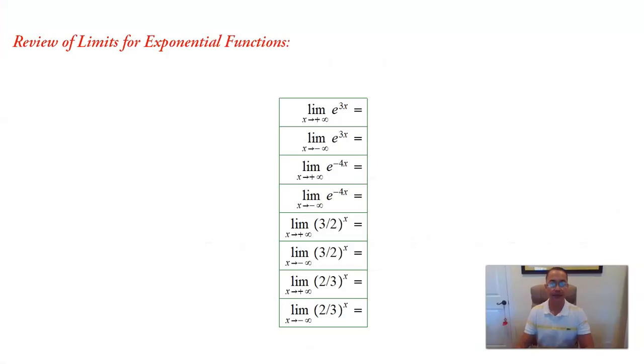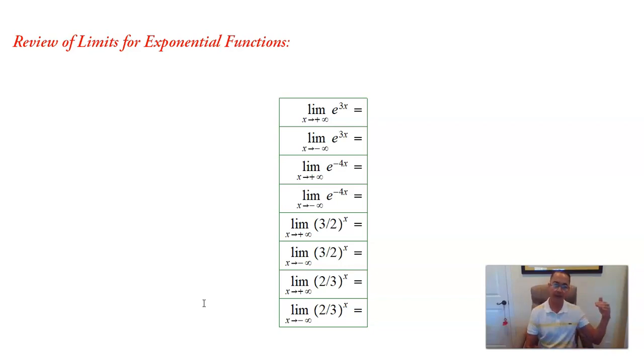All right, so after that review, we can now get straight to our main course, which is, well, what happens to exponential functions, whether it's the natural exponential function or general exponential functions, as we approach plus or minus infinity. This time the behavior is quite different at each kind of infinity.